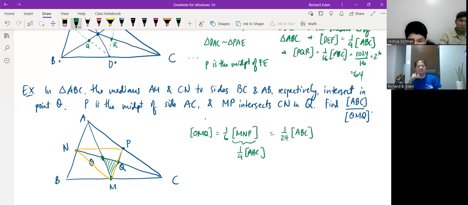Okay. So again, it's a realization that the green shaded thing is one of the 6 sections that are produced if we draw the medians of triangle MNP. Given that the centroid of ABC is O, the centroid of MNP is also O. And then Q is the midpoint of MP, so OMQ is 1/6 the area of the yellow triangle.